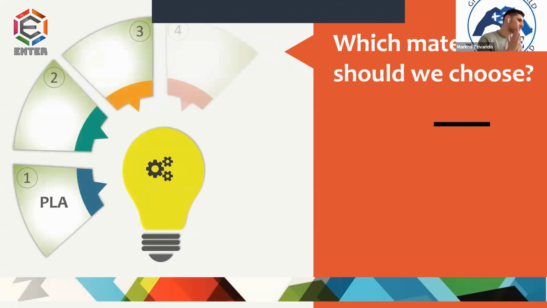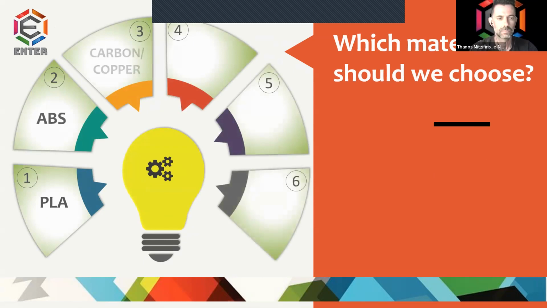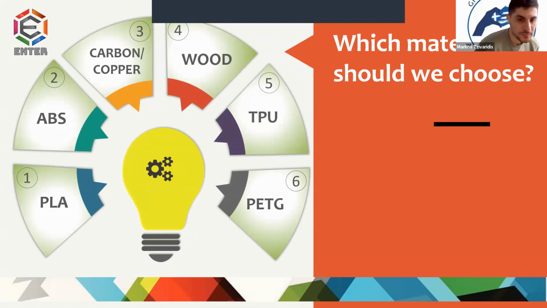Okay, so which material should we use with our FDM printer? Should we use PLA? Yes, because it's cheap and environmentally friendly. Let's not go over it all again. Should we use ABS? No, because it's not great for your health.